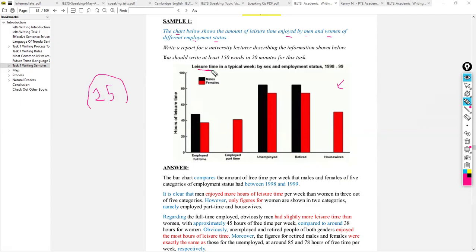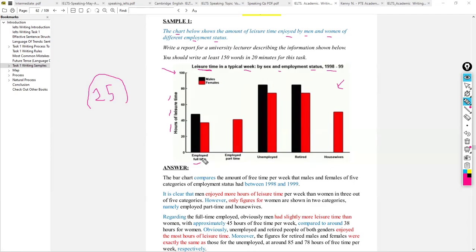So leisure time in a typical week by male and female, men and women, and employment status in these two dates, 1998 and 1999. It is about hours of leisure time. So these are the hours that we have about leisure time, 20 hours, 40 hours, 60 hours to 100 hours.